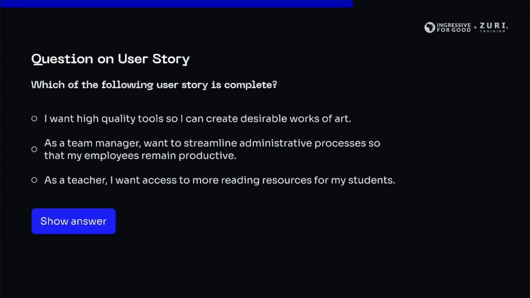Option B, as a team manager, I want to streamline administrative processes so that my employees remain productive. The third option, as a teacher, I want access to more reading resources for my students. Which do you think is more complete?